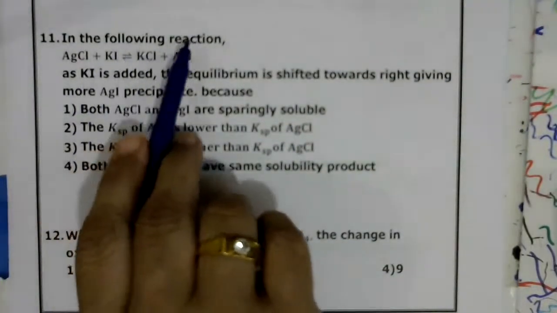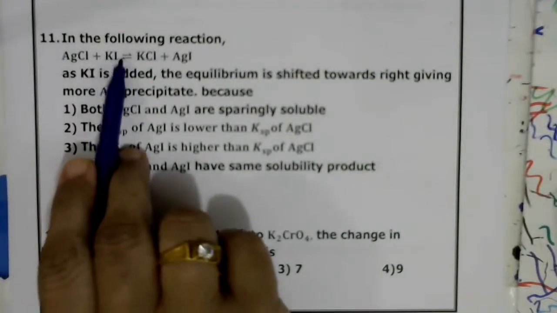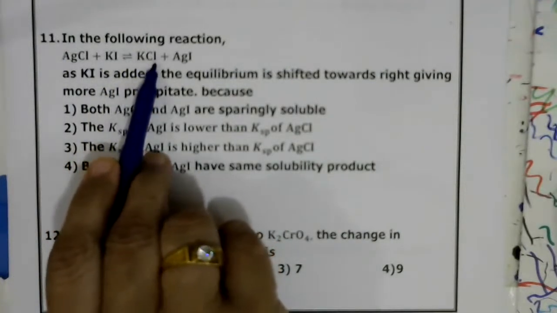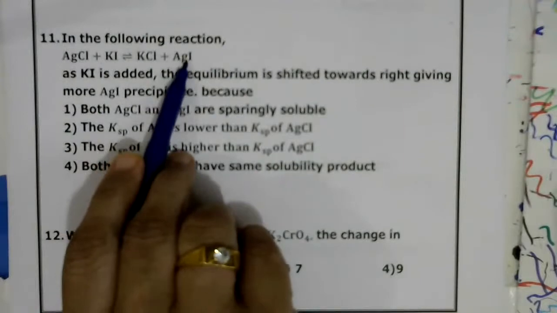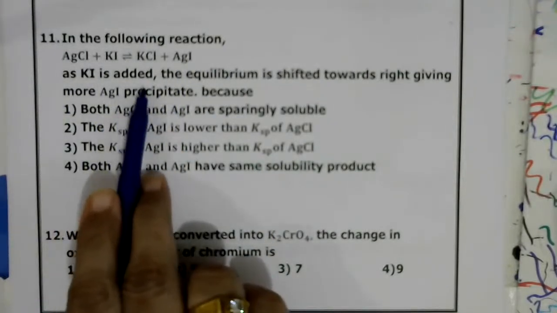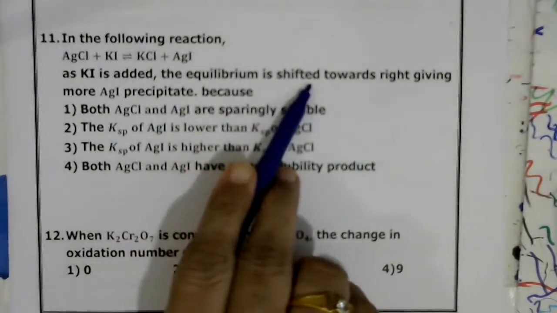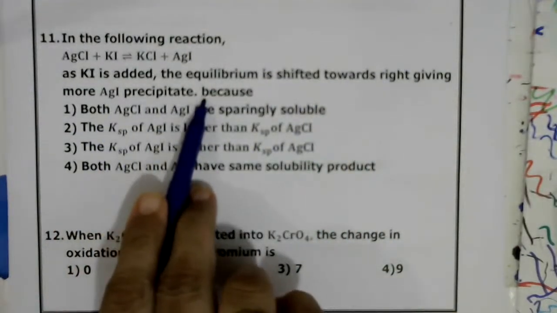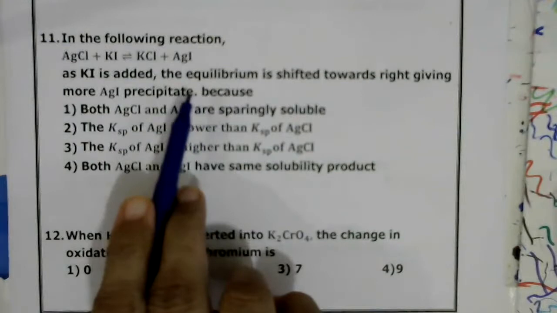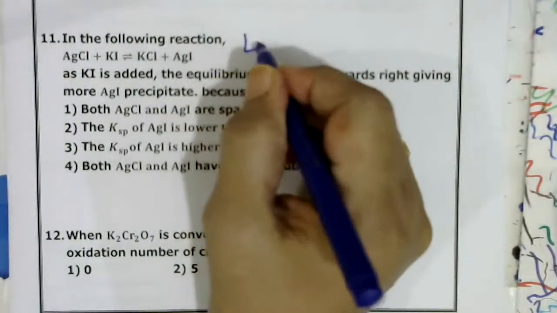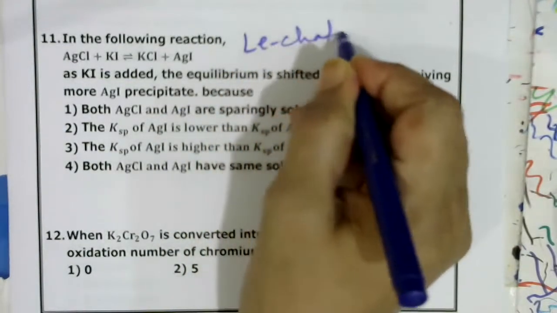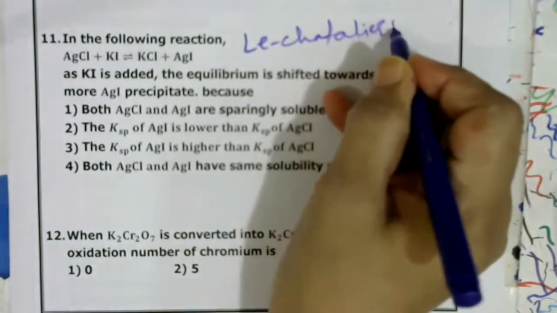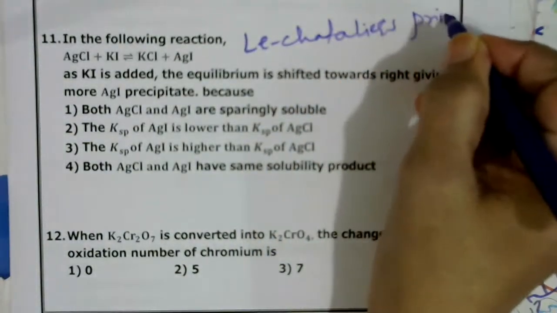Tell me, in the following reaction, silver chloride plus potassium iodide attains equilibrium to form KCl and AgI. As KI is added, the equilibrium shifts towards right, giving more AgI precipitate. Remember one thing, such a question will be based upon which principle? Le Chatelier's principle.